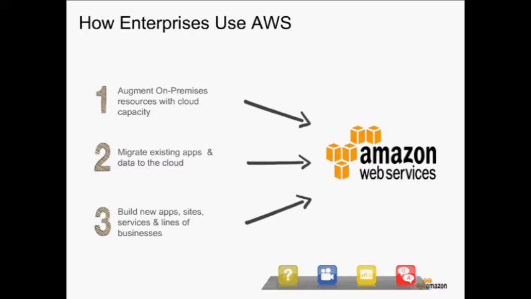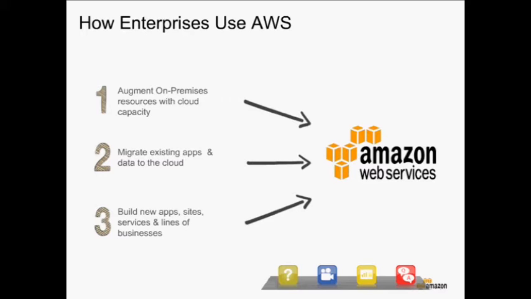And last but not least, enterprise customers move to AWS in order to build new applications, new sites, completely new services, taking cloud patterns and benefiting from the inherent elasticity that the cloud provides, the sheer endless scale that a cloud platform offers. These three use cases are the predominant ones that we're seeing, and as we're discussing further on, Exchange in particular, you find some of those reflected in there.